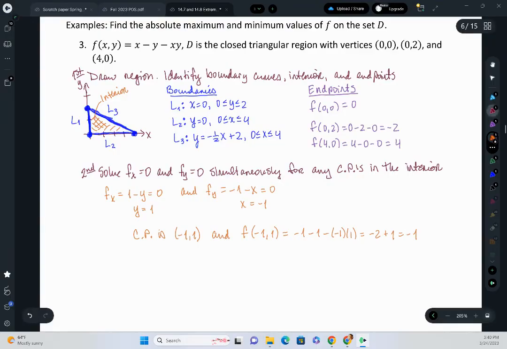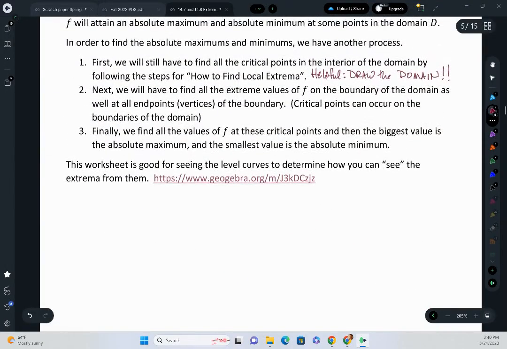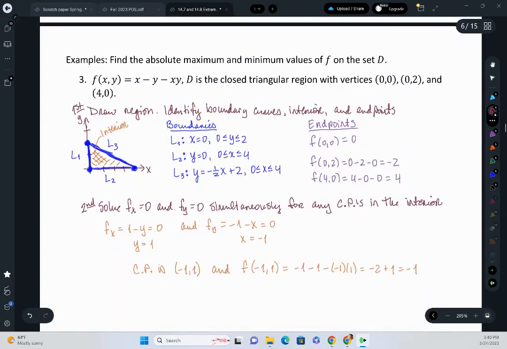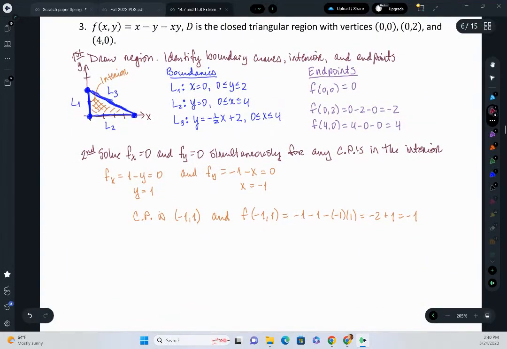All right. So this takes care of, if we go back up to our steps up here, we basically took care of step 1. We found all the critical points in the interior of the domain, and then my little helpful step, draw the domain. We've got all that. The next thing we have to do is find all the extrema on the boundary of the domain. And this is why in the first step I wrote out what my boundaries are, because now in step 3, I've actually got to take care of those.